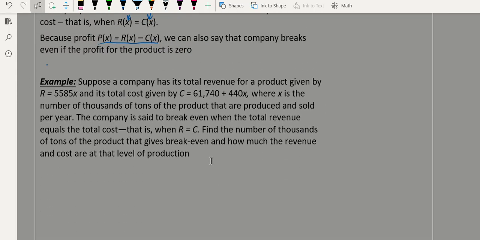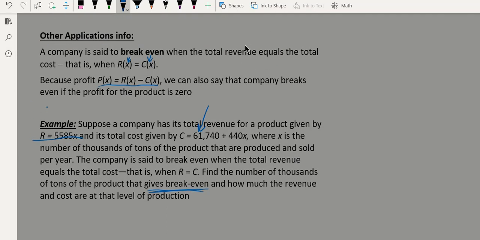So this is simple. We have been given our cost function and our revenue function. Because we want to figure out the thousands of tons of product at the break-even point, we set our two equations equal to each other, because break-even means we want the revenue function equal to the cost function.